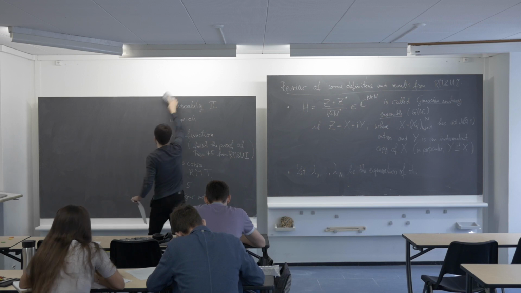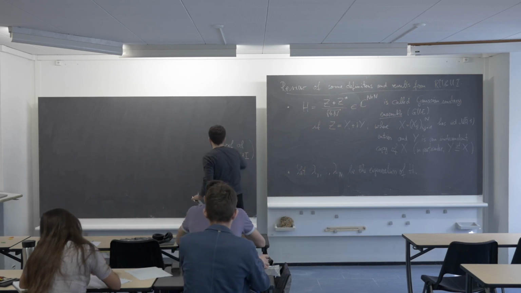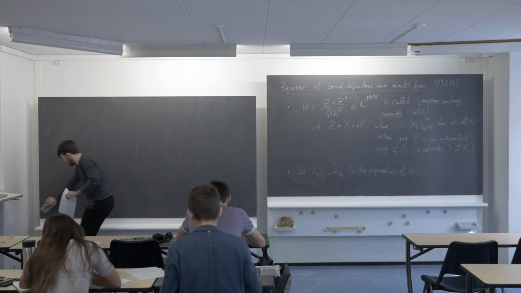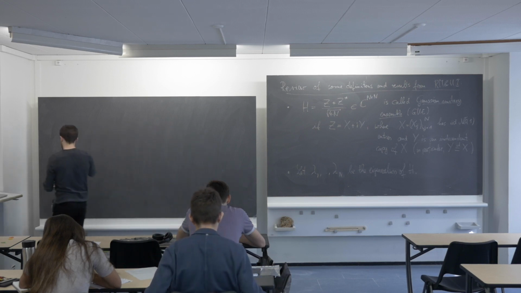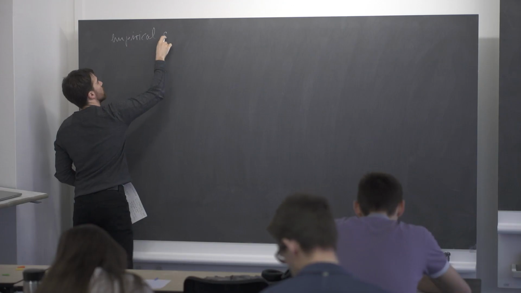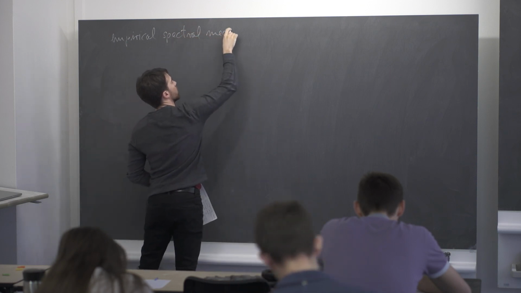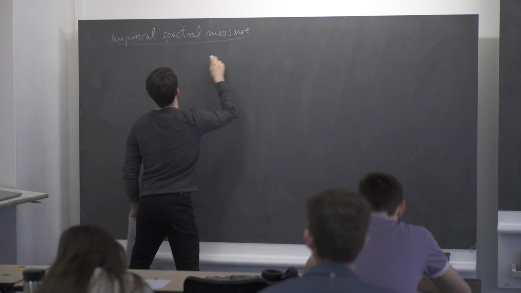And then maybe just to recall from last semester, the first thing we looked at was the empirical spectral measure. So we have the empirical spectral measure, which looks as follows.